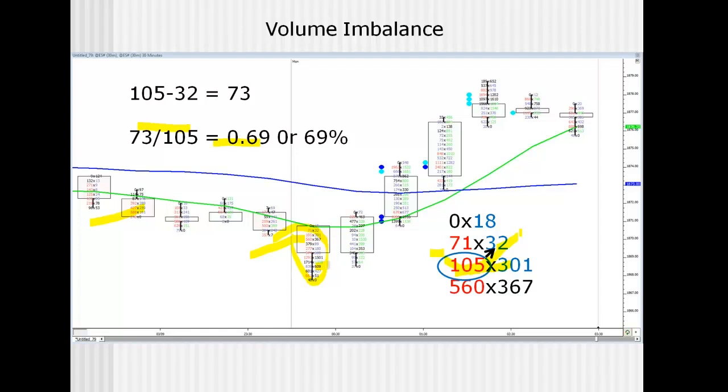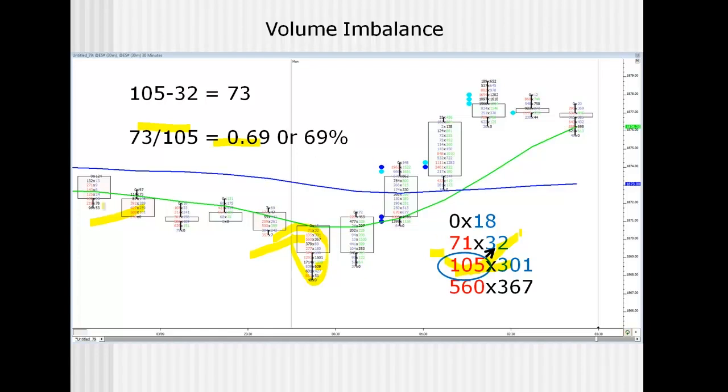Now, we don't look at these numbers in a vacuum. We really, first of all, need to understand what the imbalance is, and then when we look at them in context, relative to our profile lines or relative to points where we are anticipating or expecting some sort of change in the market, these levels begin to take on a new significance and have new meaning.